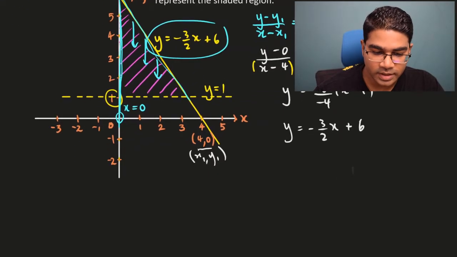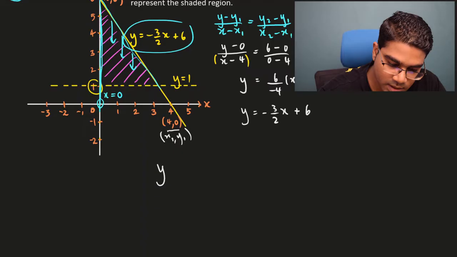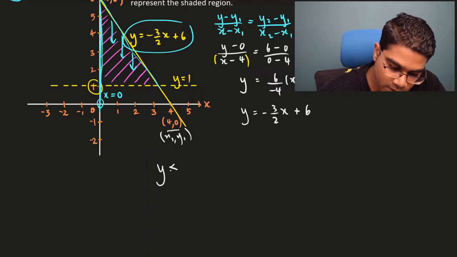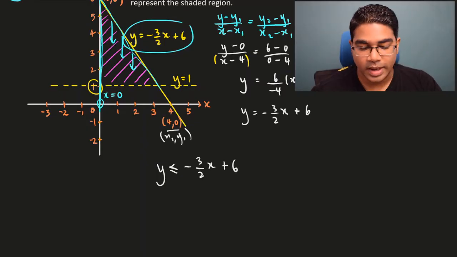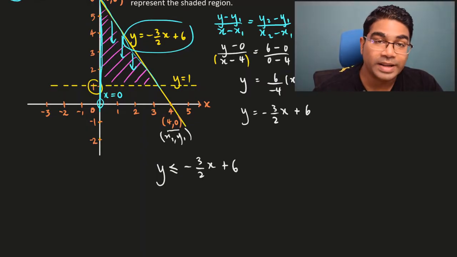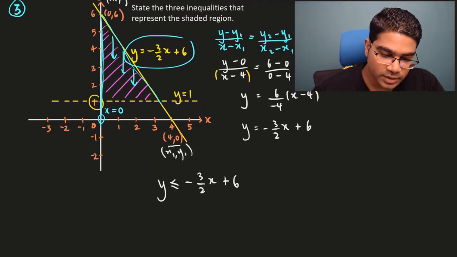Therefore, the inequality that we get is y is less than or equal to negative 3 over 2 x plus 6. We use less than or equal to when it is a solid line as opposed to a dotted line.